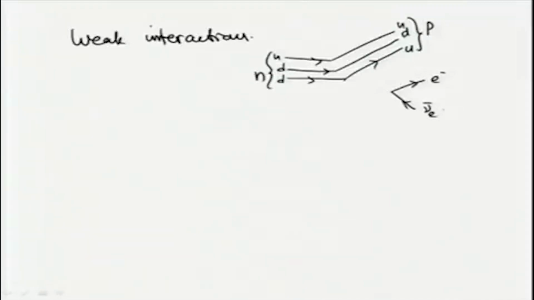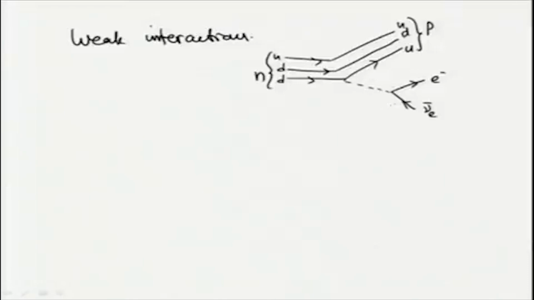We want to understand it in a way similar to the case of electromagnetic interaction that we had considered, meaning we want to actually connect these two points by some propagator, something taking the information from this conversion of the d quark to u quark to the pair created, and that is connecting the electron neutrino current.